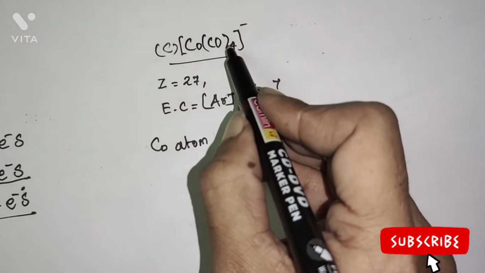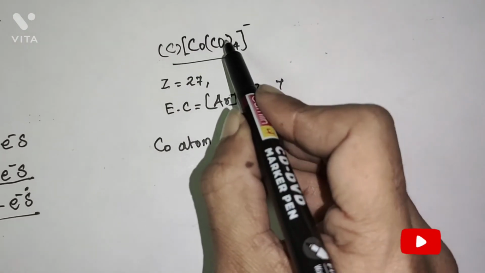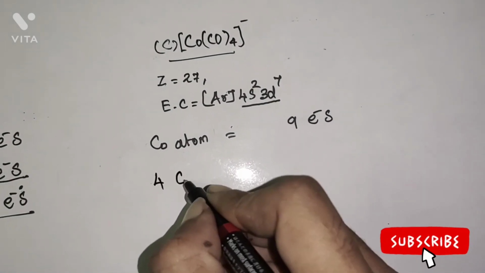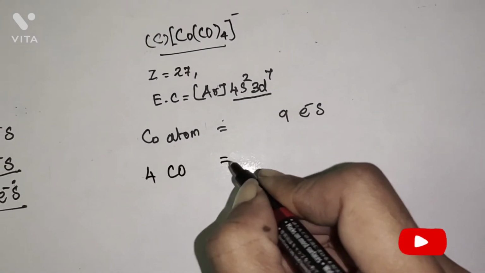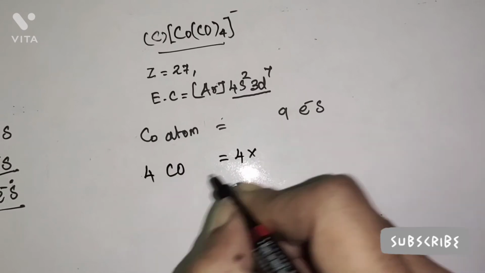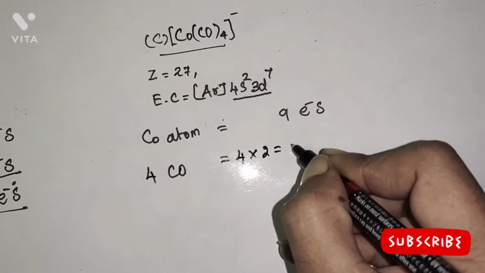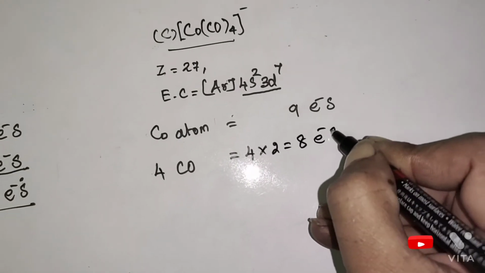Next, 4 carbonyl ligands are present, so 4 into 2 is 8 electrons.